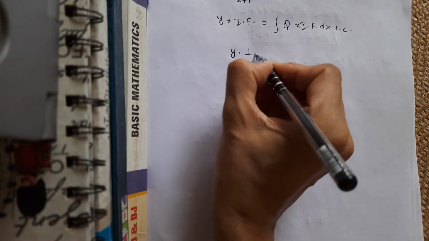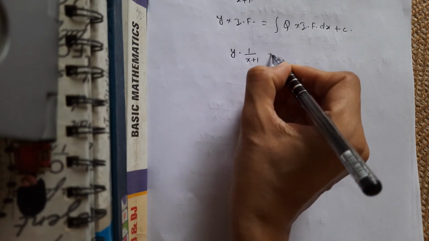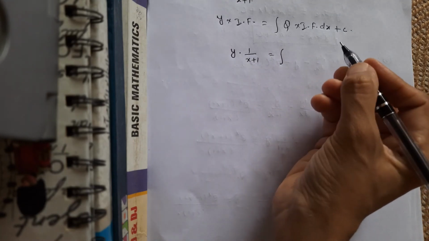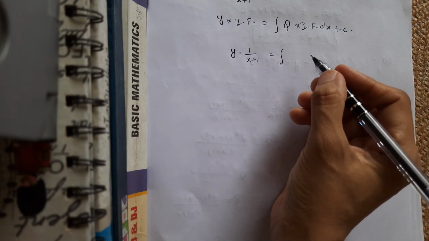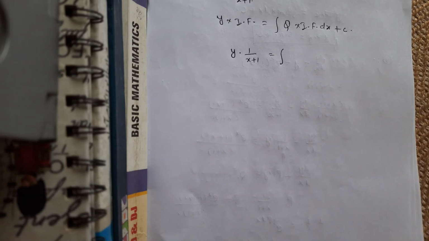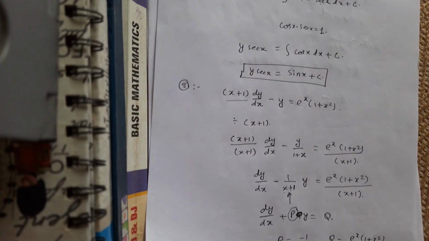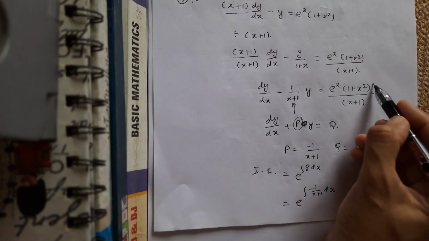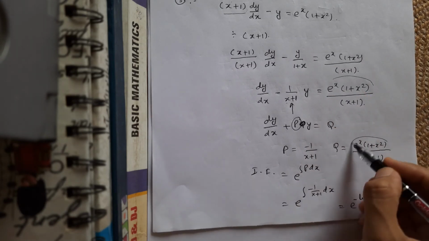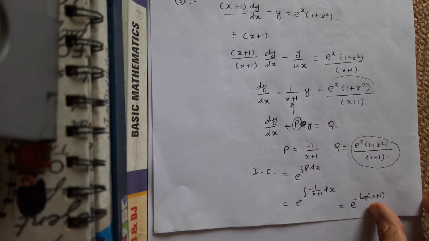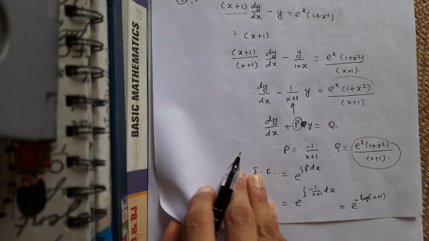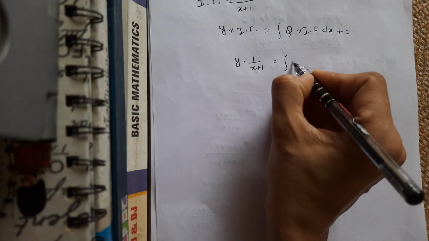Y into 1 upon x plus 1 equals integration of Q, and Q is e to the power x into (1 plus x) square upon x plus 1.